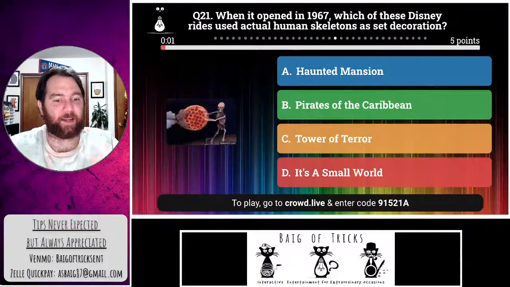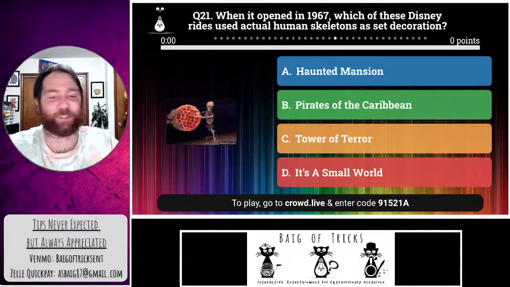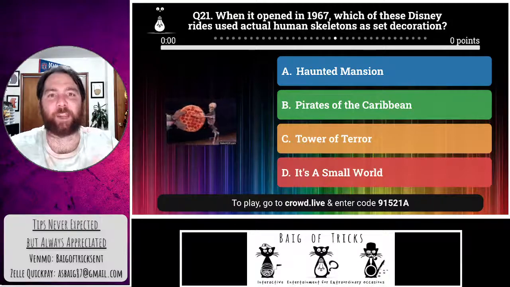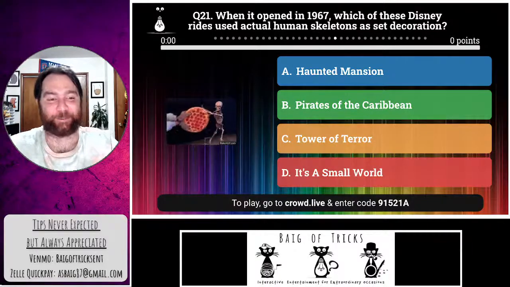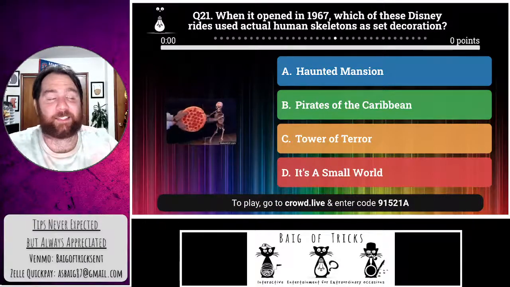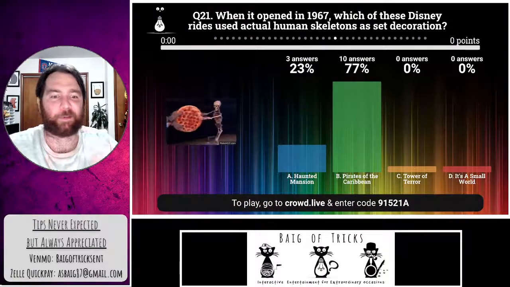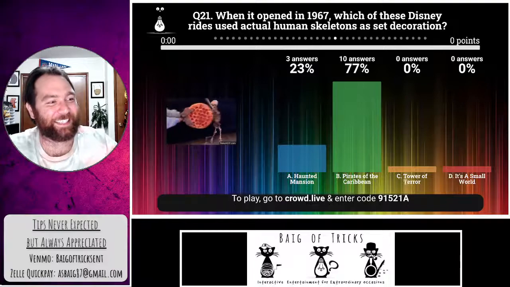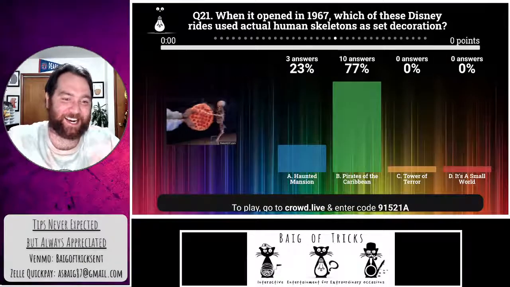All right. Disney didn't need to go so hard on this one. I think at the time they were probably circumventing having to create fake skeletons. They were like, why make new ones? There's a bunch over here. What they did is they actually called UCLA, I believe it was UCLA, because this is Disneyland that we're talking about at the time. And they said, hey, can we have some skeletons? Sure, take them.